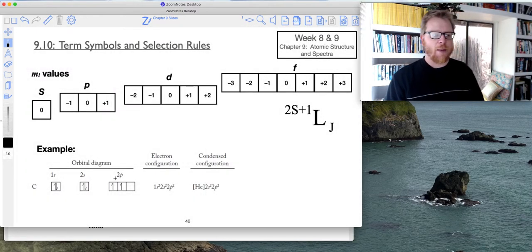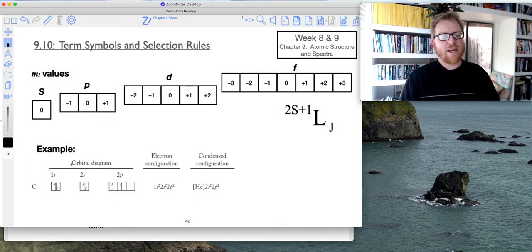Let's do another example. So here's carbon, 1s2, 2s2, 2p2, right? Same example that I just walked through. And if we do this by the ML examples, I'll also show you that when I go to add up everything, especially with the S block, I've got 2 electrons in the S block here. So that's going to be a 0 plus a 0.